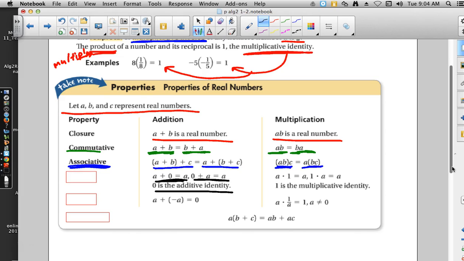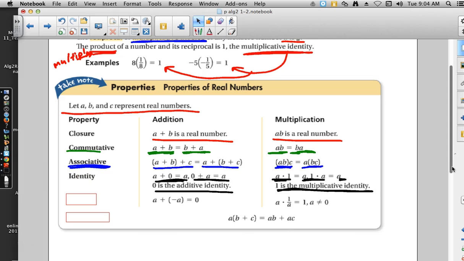Its identity is who it is. So adding 0 is going to be your additive identity. And then multiplying, you think, well, what do I multiply by that I won't change the number's identity? I won't change what it is. And that's going to be multiplying by 1. So the additive identity is 0, but the multiplicative identity is 1.